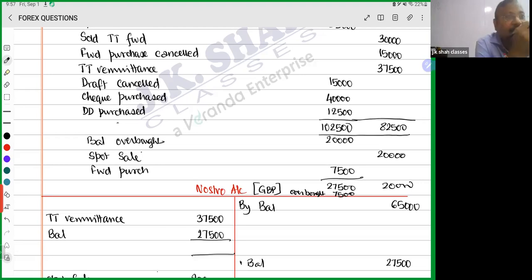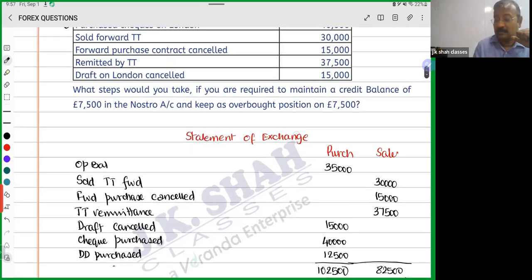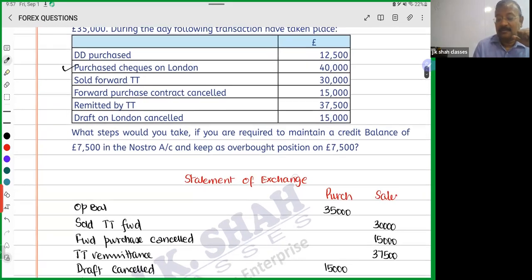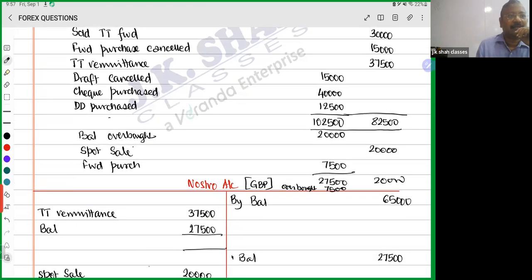The draft issued but not presented for payment means it is a purchase only. Where is this? Specifically the draft issue, sale. Okay.